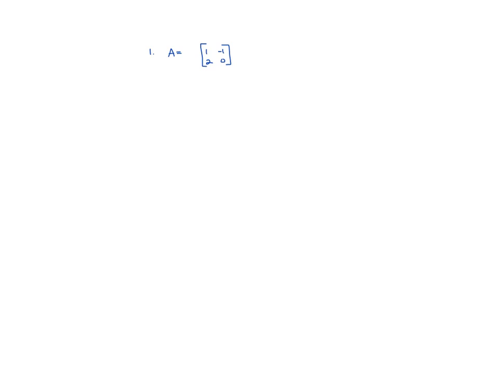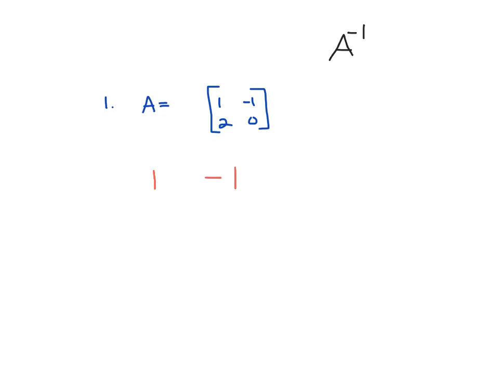My first example, this is my given matrix. To find the inverse, and when we write our answer, the inverse is always written as A to the -1 power. So we're looking to find the inverse of A. The way that we're going to do that is I'm going to take my original matrix, the 1, the -1, the 2, and the 0, and right next to it, I am going to write the identity matrix for a 2x2.